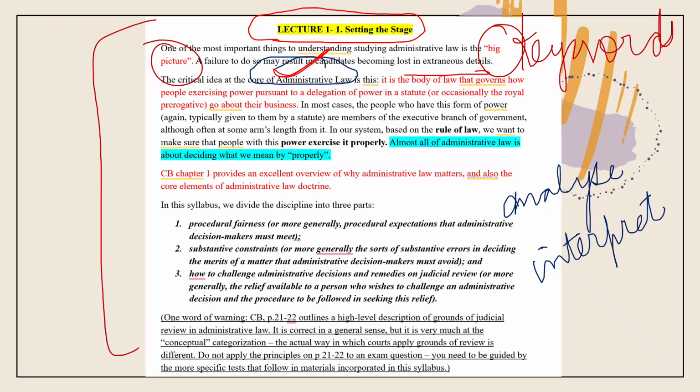So the core idea of administrative law in very simple words is that it is the body of law. Again, I have highlighted here. It is the body of law that governs how people exercising power pursuant to a delegation of power in a statute or occasionally the royal prerogative go about their businesses.